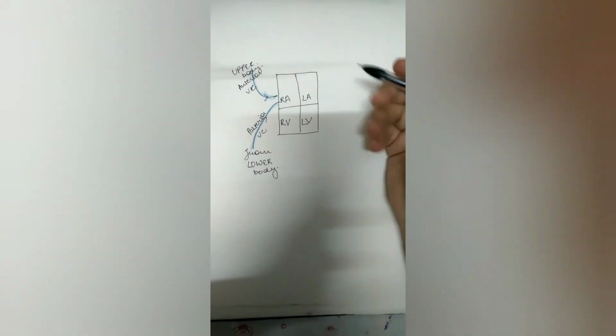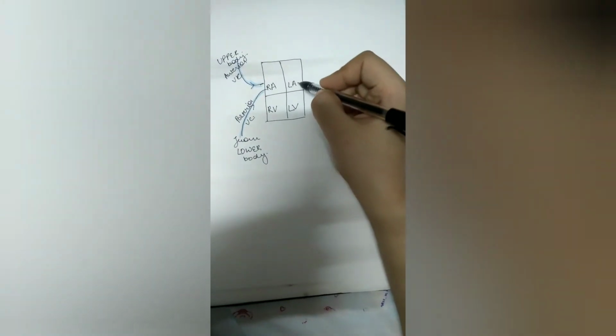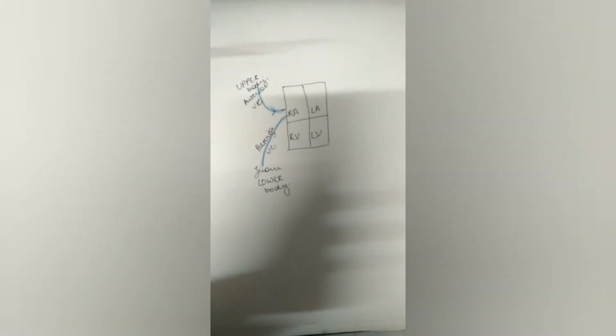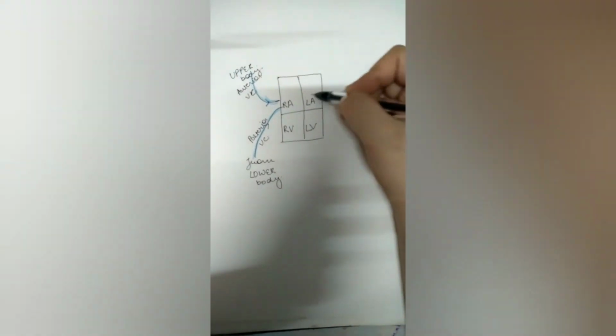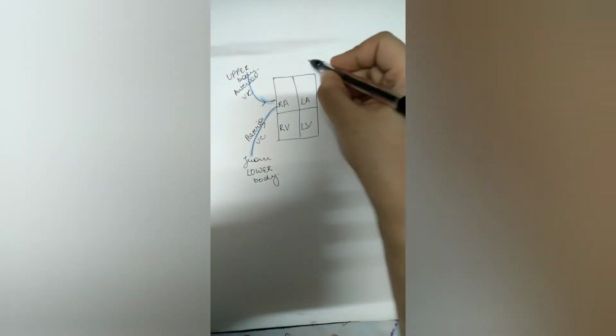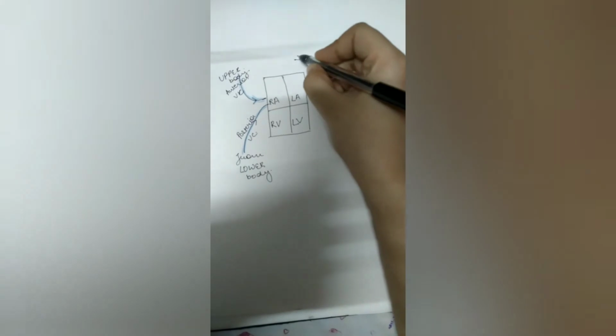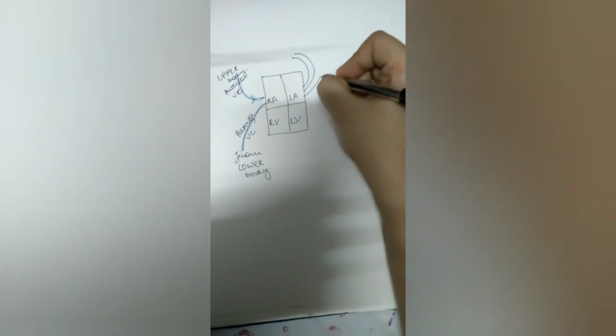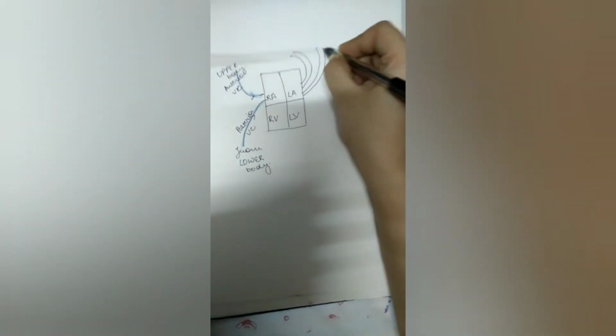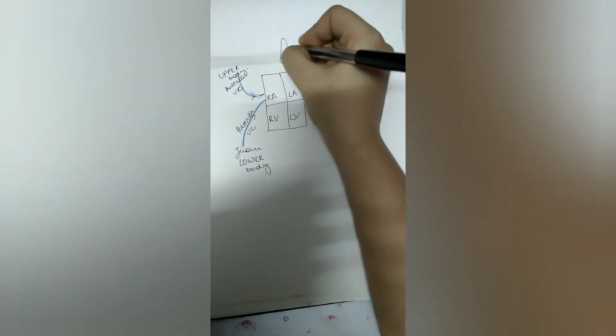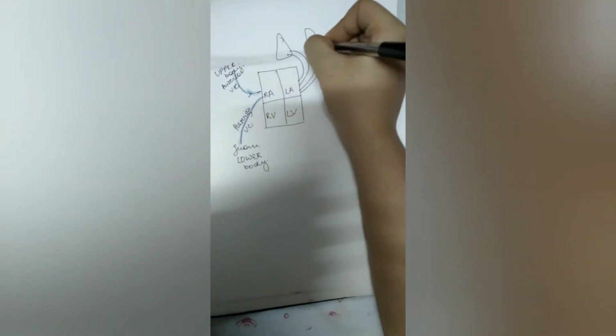Then we have 2 more which are entering the left auricle. So we have actually 4 entering the left auricle. They are from the lungs. Now if they are from the lung, they will be obviously oxygenated only.